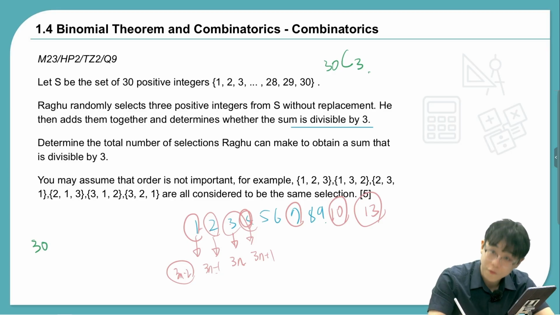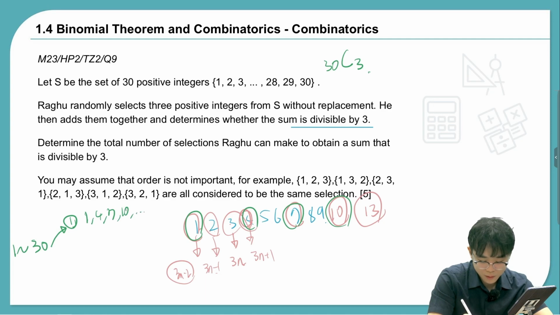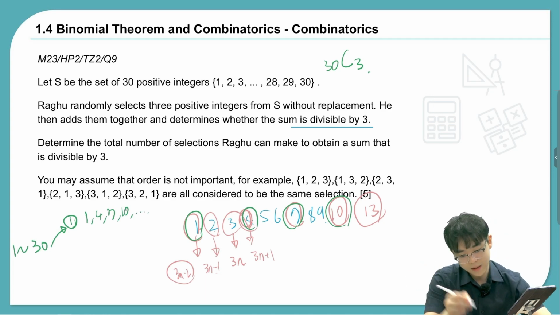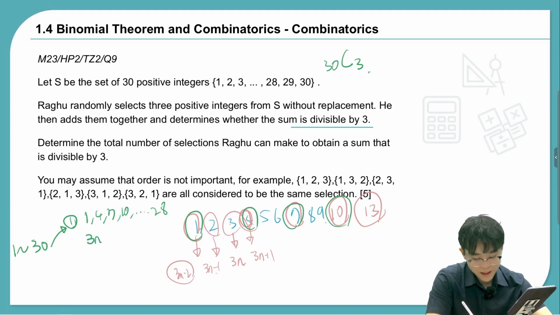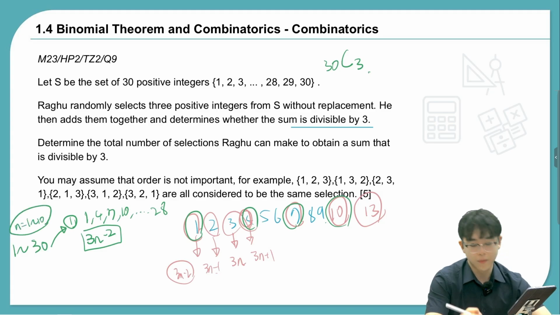The first group would be 1, 4, 7, 10, all the way until 28. Let's call that group 3n minus 2, for n equals 1 through 10.